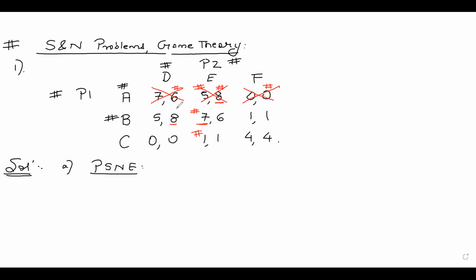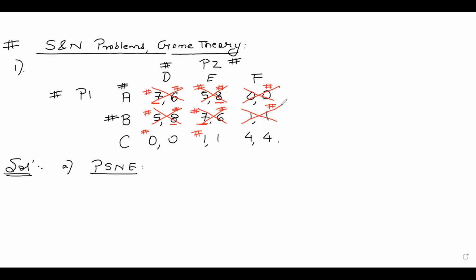Because if you look at the payoffs, player 2 gets 8 from D, 6 from E, and 1 from F. So when player 1 plays B, player 2 responds by playing D. But when player 2 plays D, player 1 responds by playing A, because player 1 gets 7 from A as compared to 5 and 0 from B and C. So this is not the Nash equilibrium. This is anyways not the Nash equilibrium because there's a tendency to deviate, and this was never chosen by any of the players in response to the other player. This is also not the Nash equilibrium.